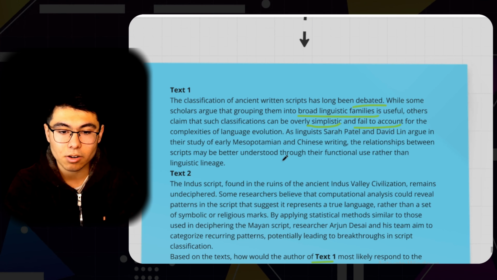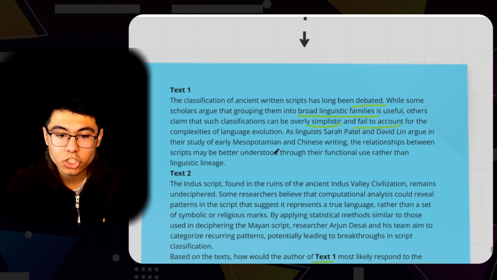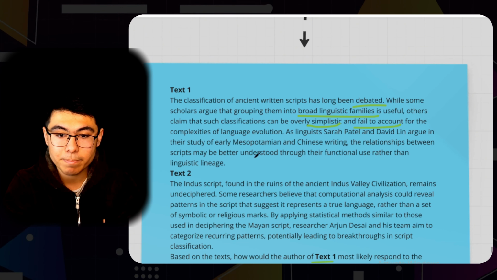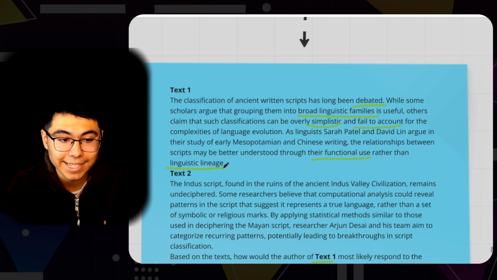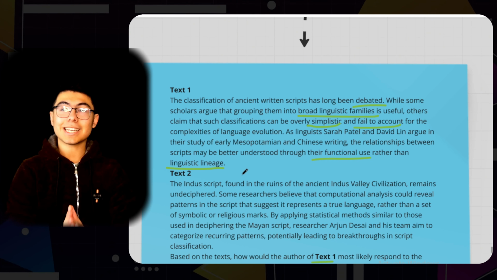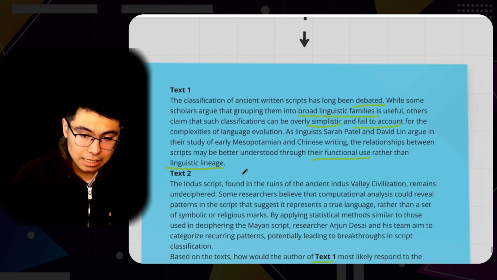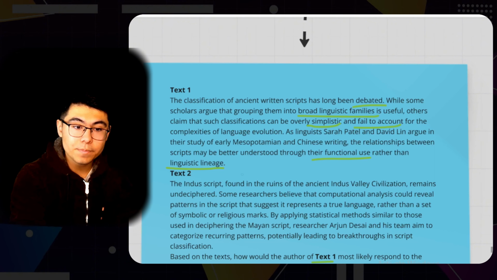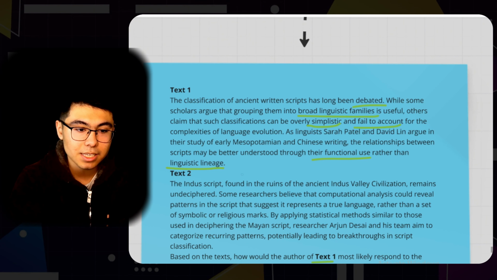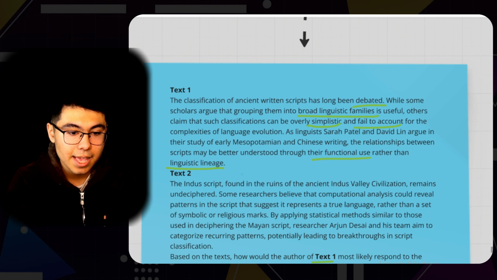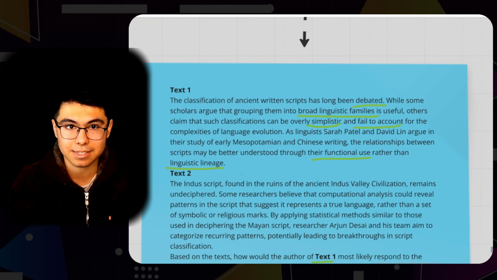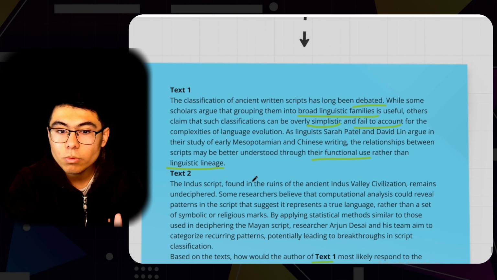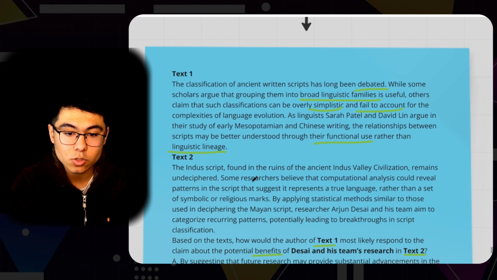As linguists argue in their study, the relationships between scripts may be better understood through their functional use rather than linguistic lineage. So, text 1 argues that classifying those ancient scripts by linguistic family can be misleading, and that functional use is a better way to analyze them. So if we now know the meaning of text 1, let's move on to text 2.